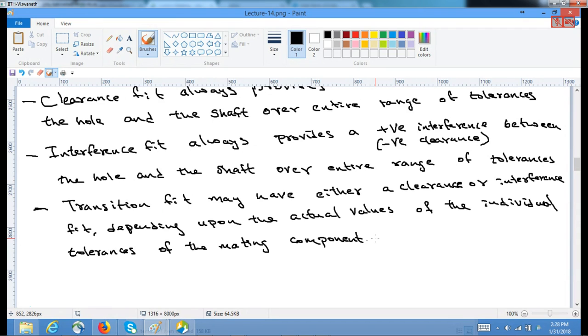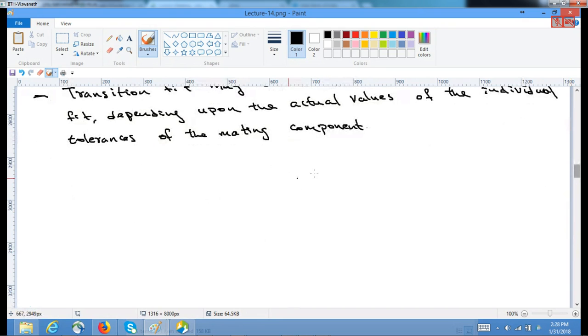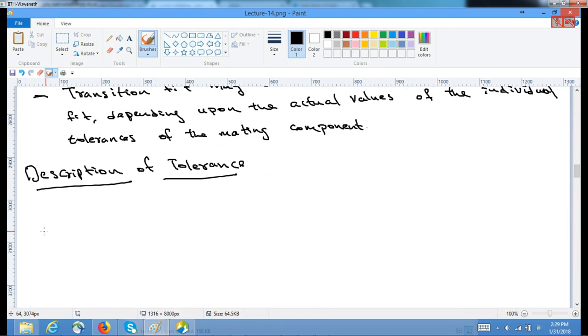So further, when you want to describe the tolerance, in the description of tolerance, one has to follow the following things.